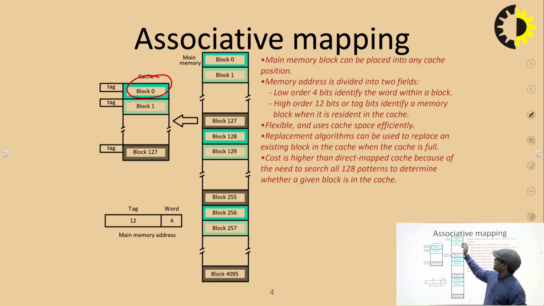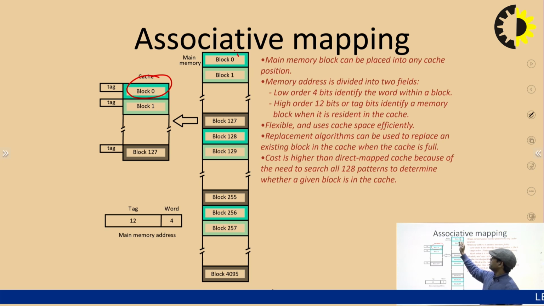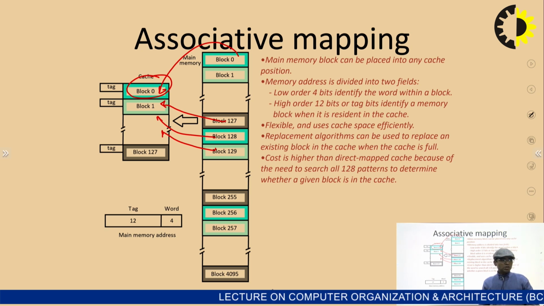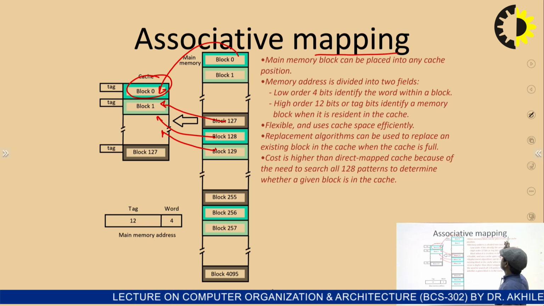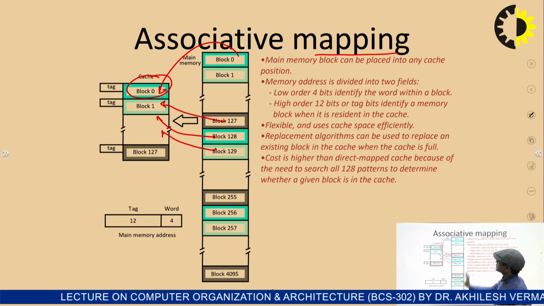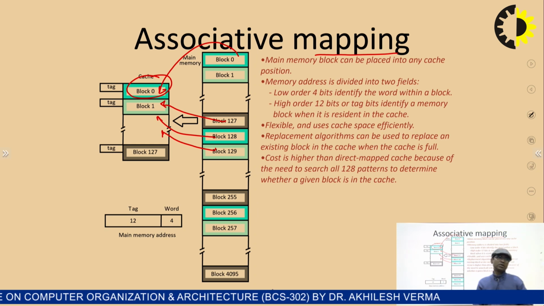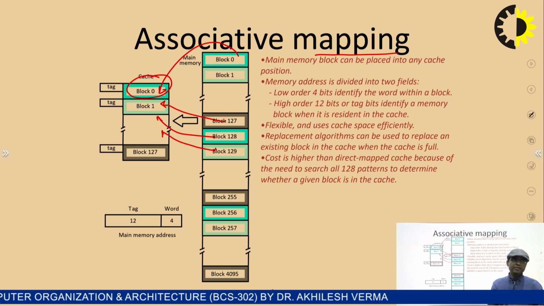So, whenever a request comes for any word, it will go to the next free available block, and so on until all the blocks are full. Fine. So, this way of mapping is called associative mapping, meaning that all 4096 blocks of main memory are associated with this particular cache and they can go anywhere.